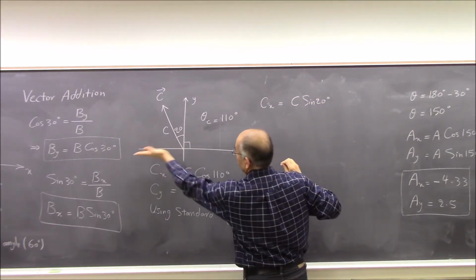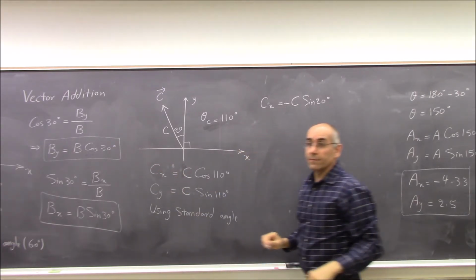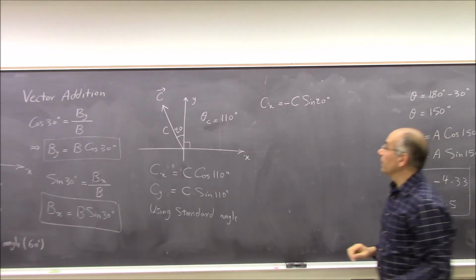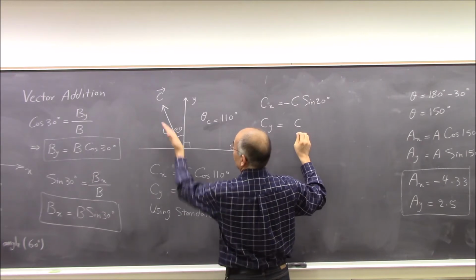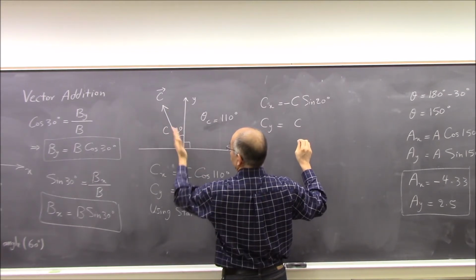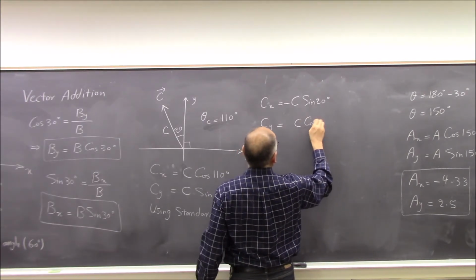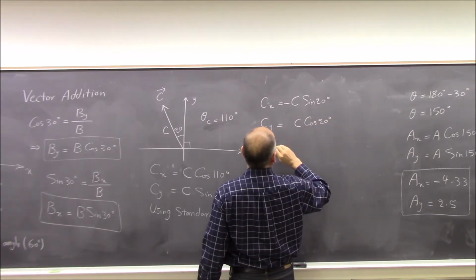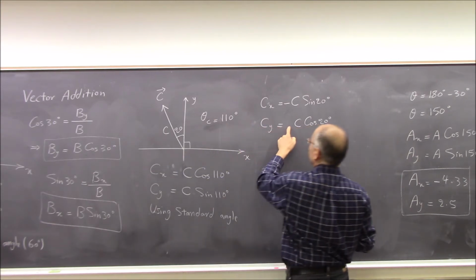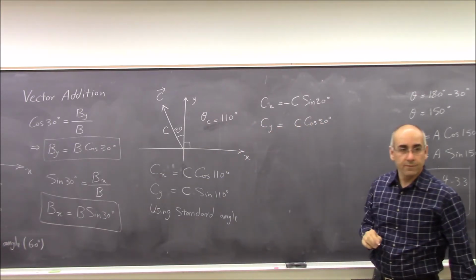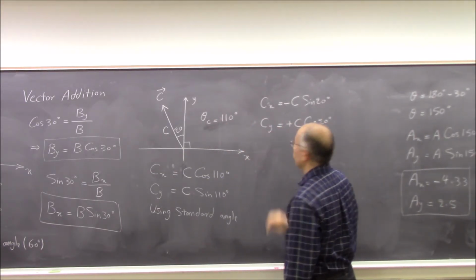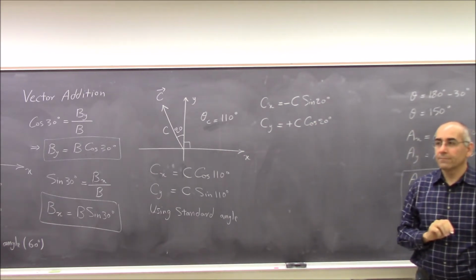But it falls in the negative direction, so I put a negative sign by hand. And Cy comes with cosine because it is adjacent to the 20 degrees: cosine 20 degrees. Because it is in the positive y direction, I don't put a negative sign, or I put a positive sign to emphasize.